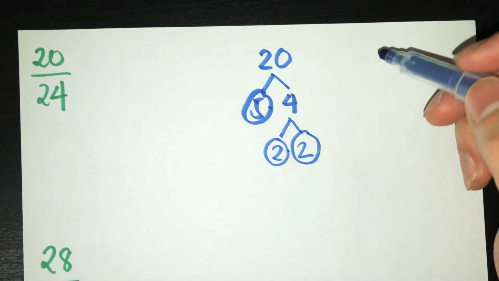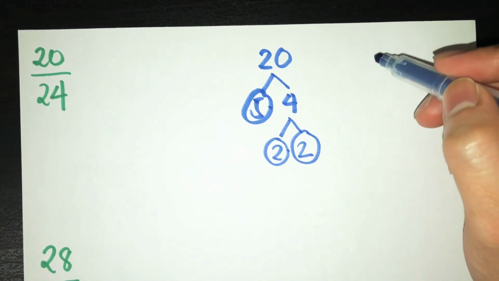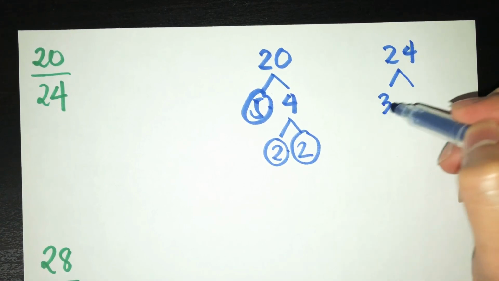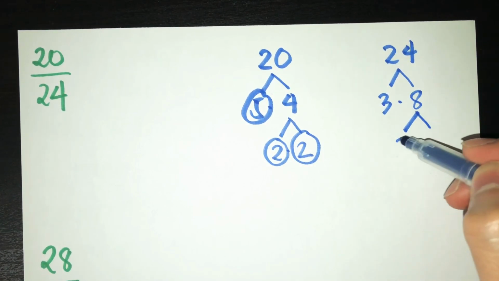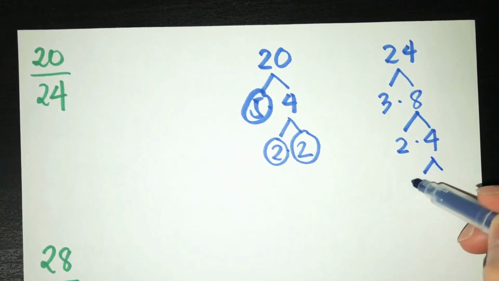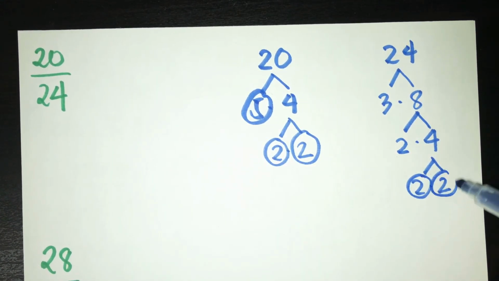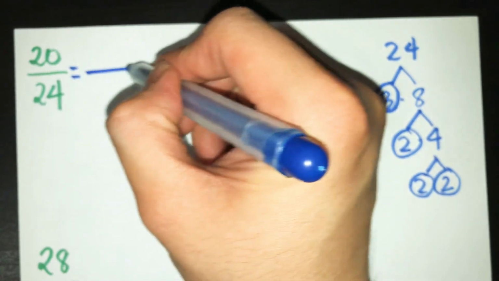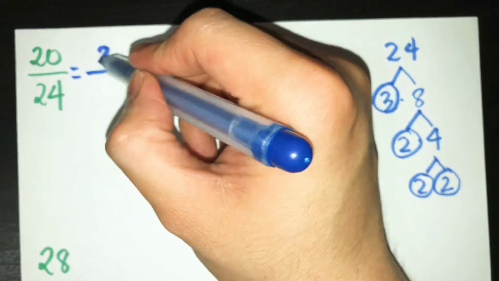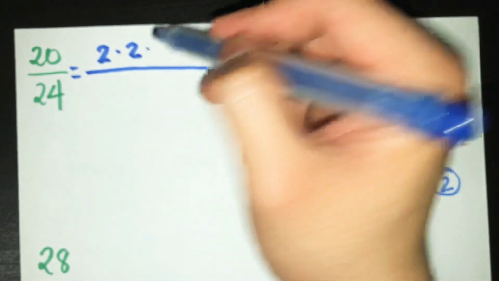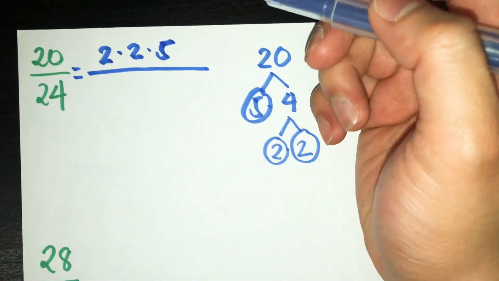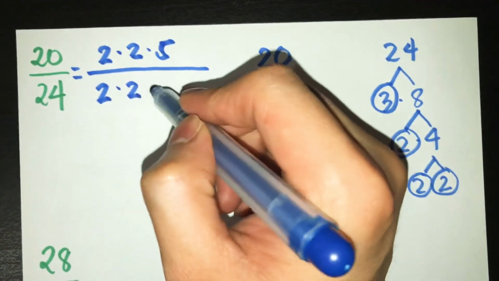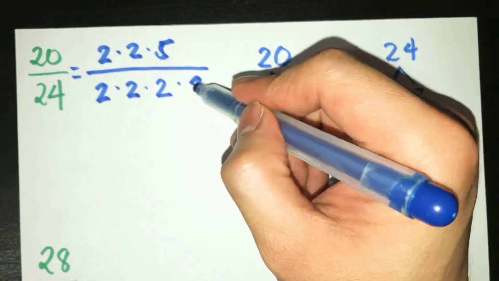Then for 24, we have 3 times 8, then 2 times 4, then 2 times 2. Writing it again, you have 2 times 2 times 5, and for this one we have 2 times 2 times 2 times 3.